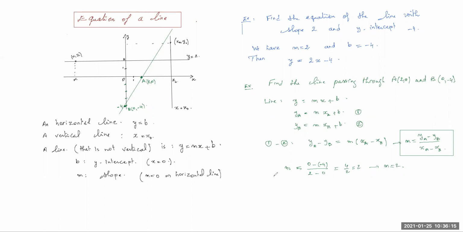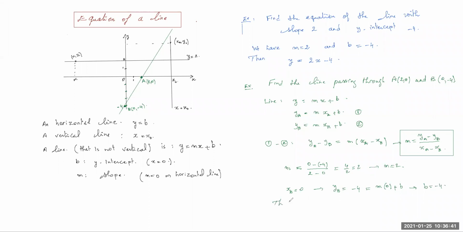Let's use the point B, because xb is 0. For xb equals 0, we have yb equal to minus 4. So we will have m times 0 plus b, then b will be minus 4. Okay, so like that, I have my equation.